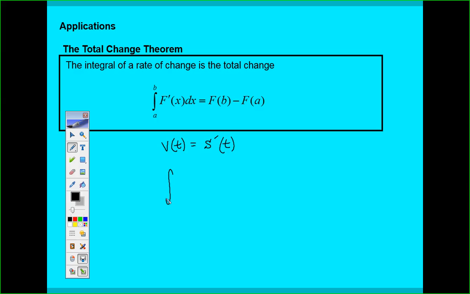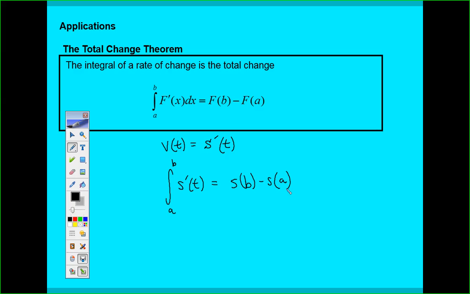So what would I get if we take the antiderivative of a velocity function? Well, we know we get total distance, which is s of b minus s of a, the total change in our position.